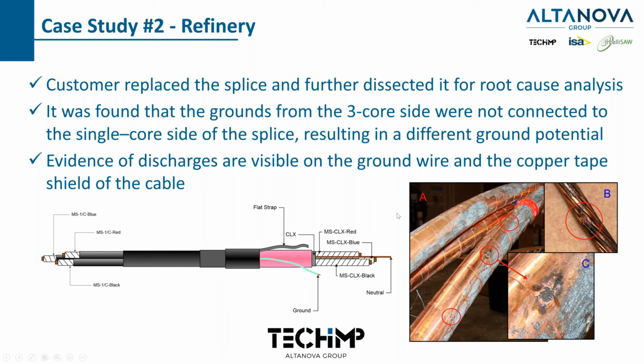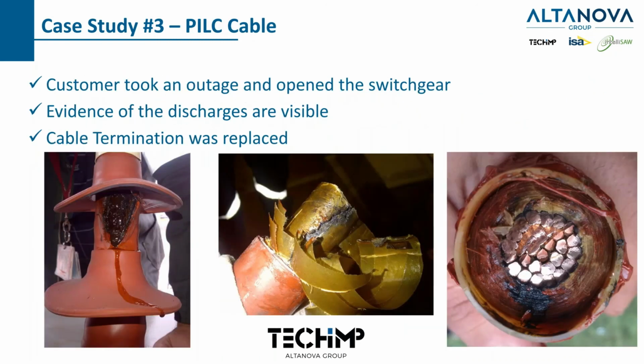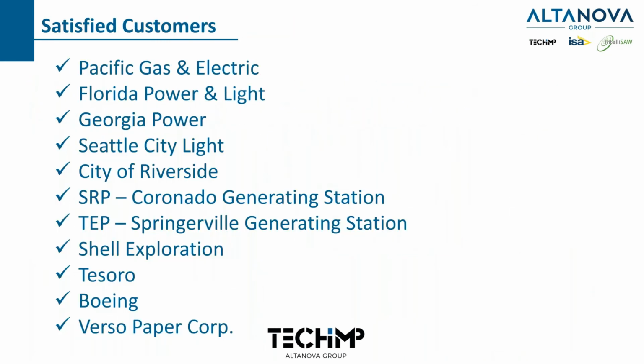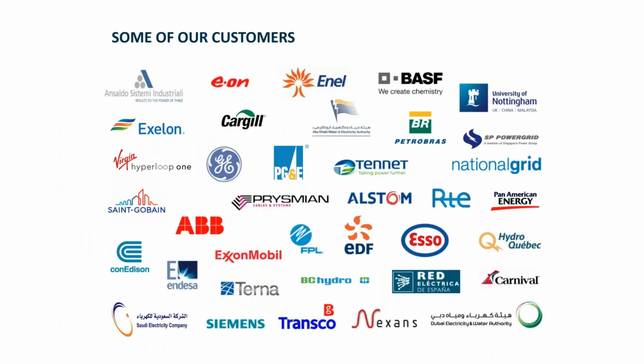And you can see what happened here. Both the copper tape shield of the cable and the ground wire had a lot of damage. So, all right, I won't get into the other ones. Just let you know a few of our customers.